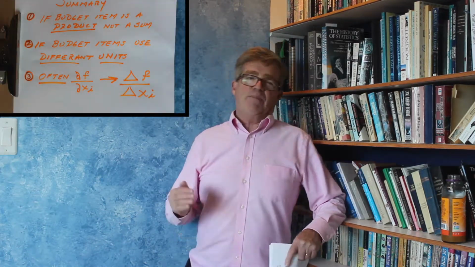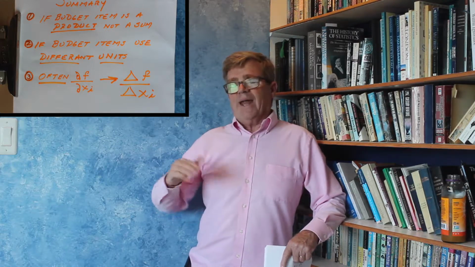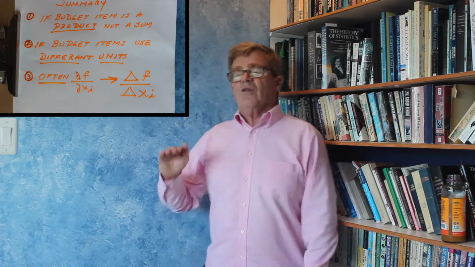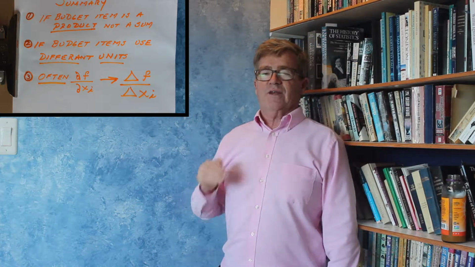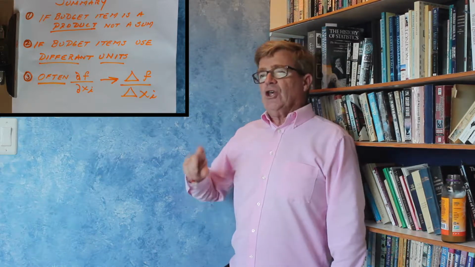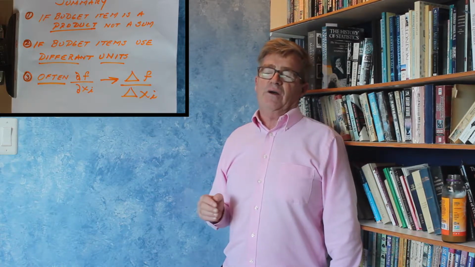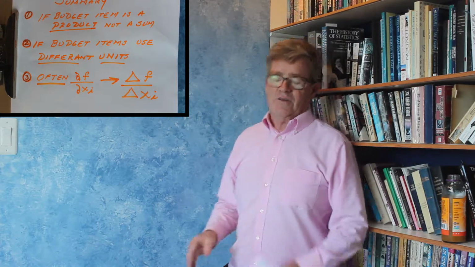So let's summarize. If you ever have a budget line item that's the product of two other elements and not the sum of two elements, those elements that made up that line item are not statistically independent from each other. They are correlated. You have to do sensitivity coefficients in that circumstance. And we've seen how easy it is to do.